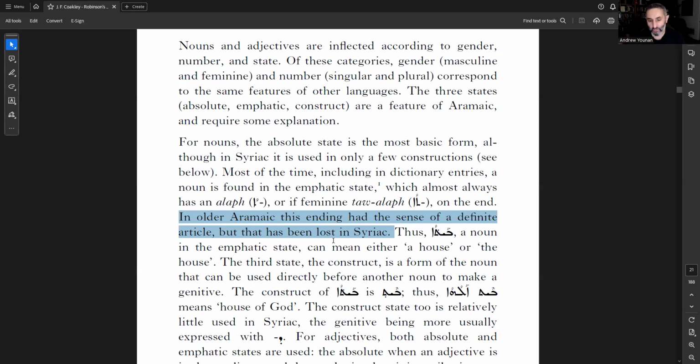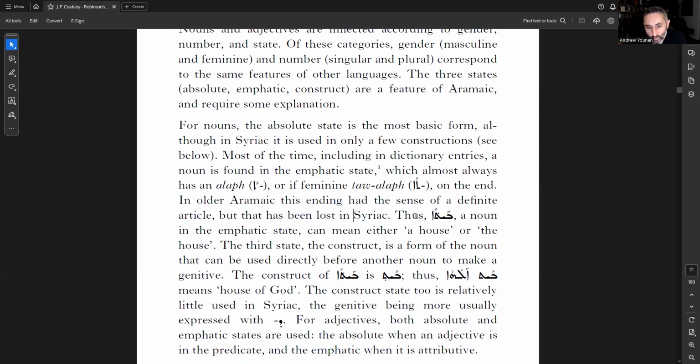That does not exist anymore in Syriac. But he's just explaining where the state came from. So this beita, a noun in the emphatic state, can mean either a house or the house. You know that now. So in the current Syriac, just like in Chaldean actually, beita or betha can mean a house or the house.